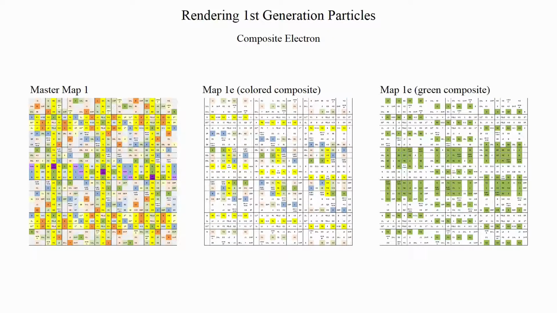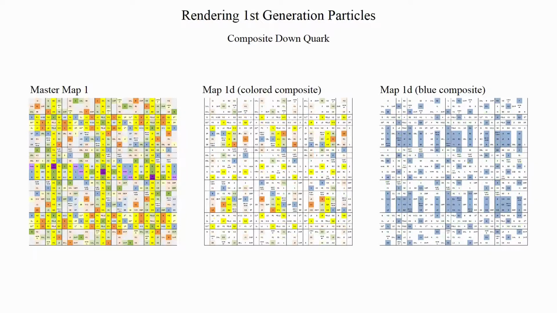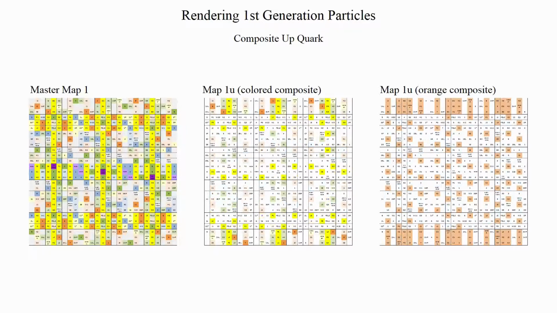Just as we isolated the composite electron, depicting its constitution both as a colored and as a green composite map, we'll isolate the composite down quark both as a colored and as a blue composite map. Likewise, the composite up quark both as a colored and as an orange composite map.